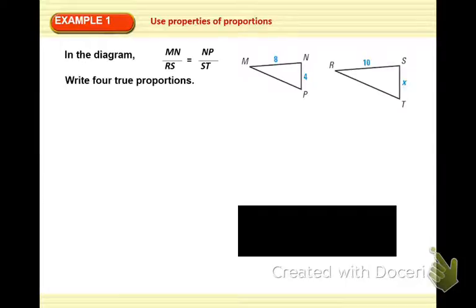So in the diagram, it's saying the ratio of MN to RS is the same as the ratio of NP to ST. We're going to write 4 true proportions.